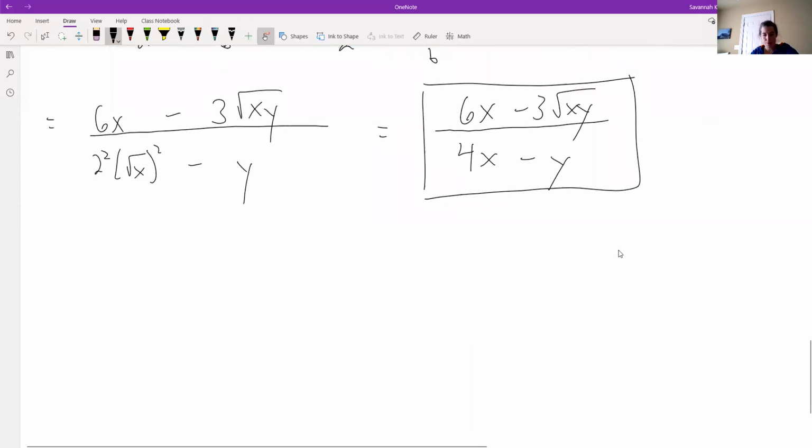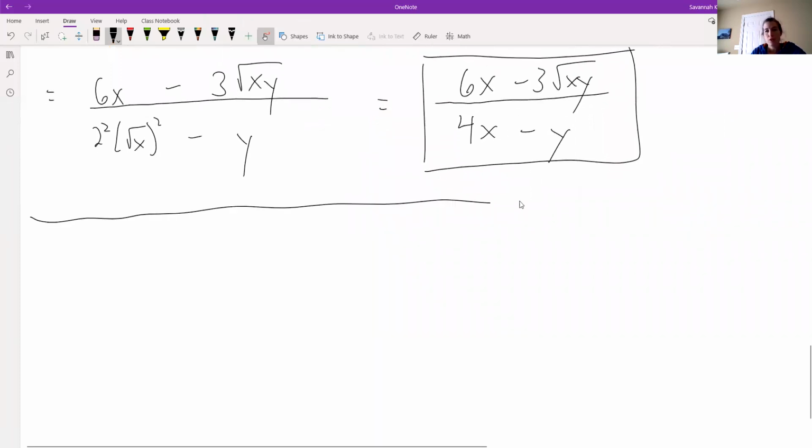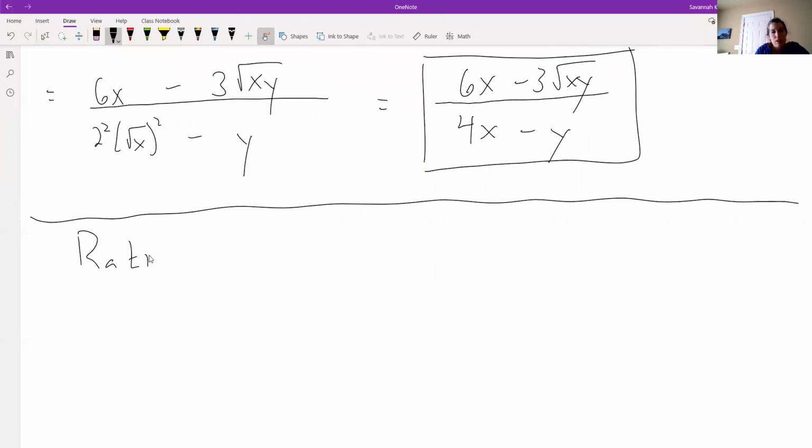All right, now thankfully, that's as far into rationalizing denominators as they care to take us. Now they turn their attention to something that in my experience is far less common, rationalizing numerators. And I showed you some reasons why we might like denominators to be rationalized. I can't think of reasons why we would want numerators to be rationalized aside from them just making up problems to test our skills.